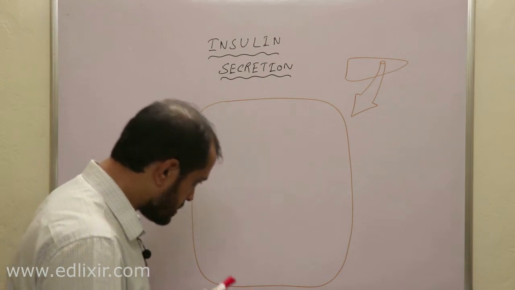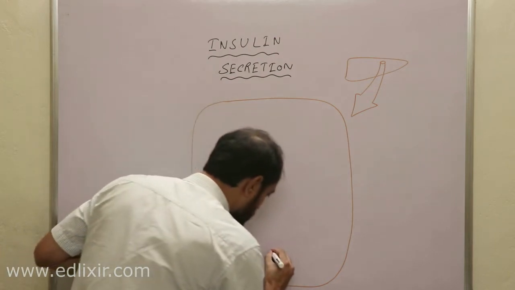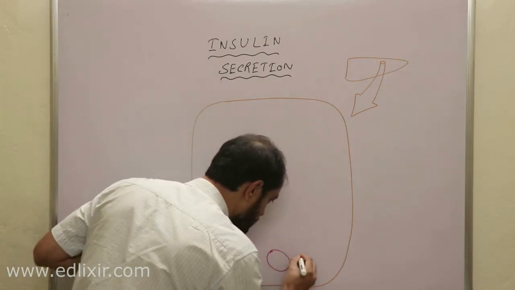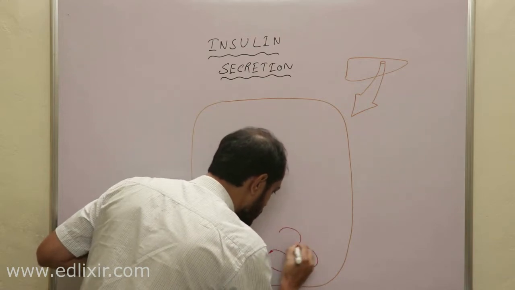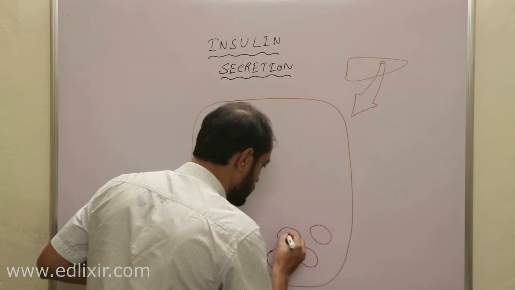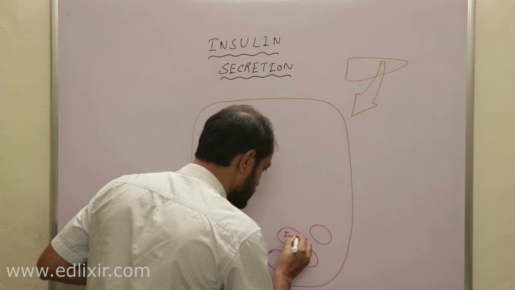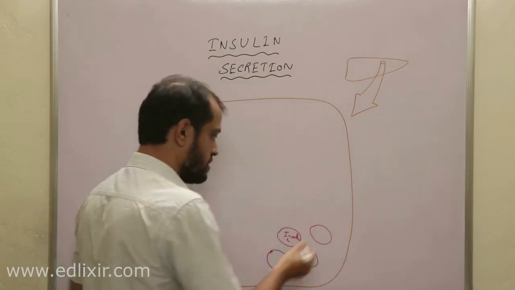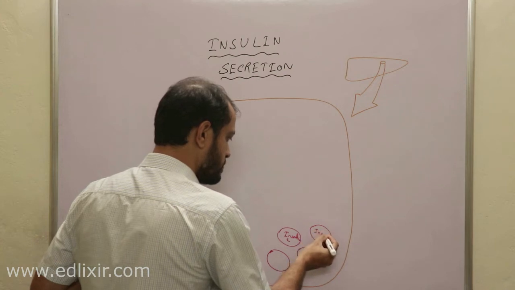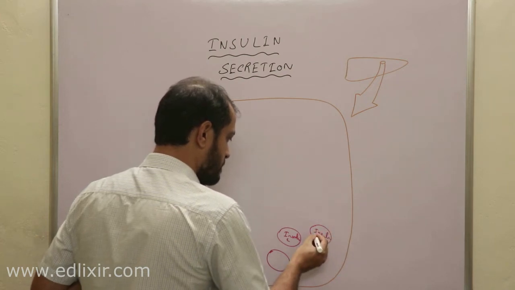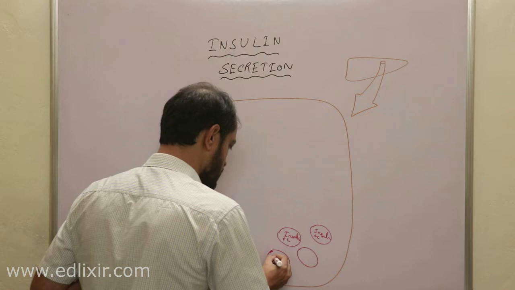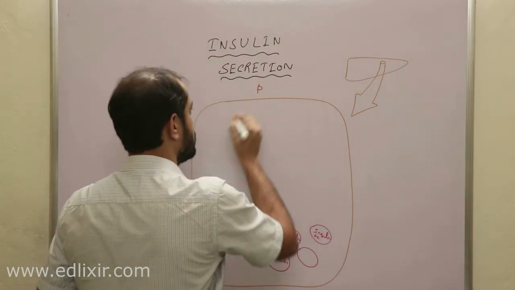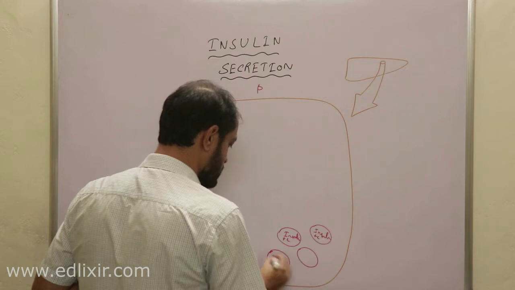Okay. That is, there are already vesicles within the beta cell of the pancreas which are loaded with insulin and C-peptide.